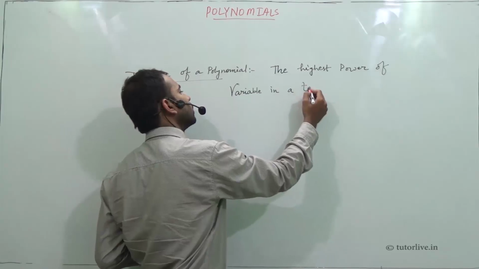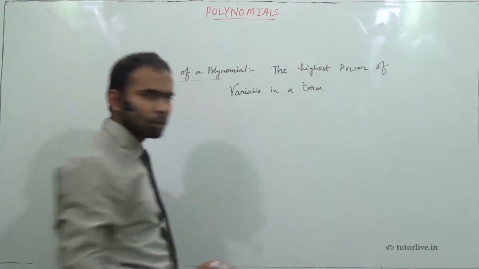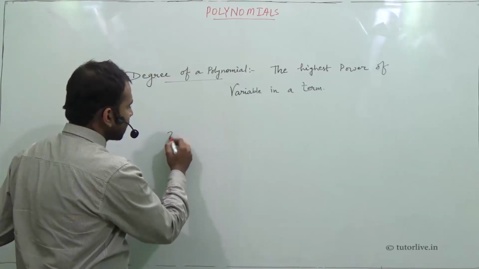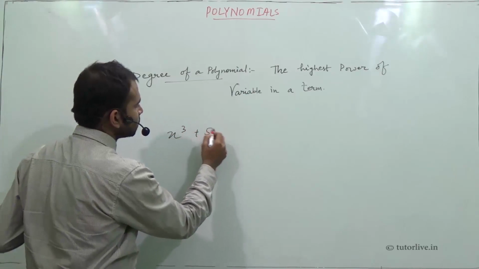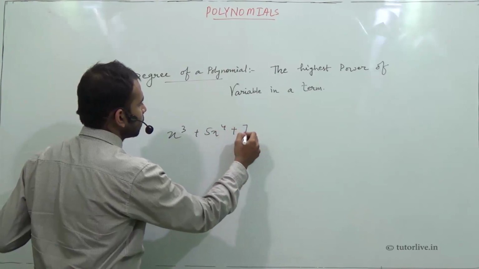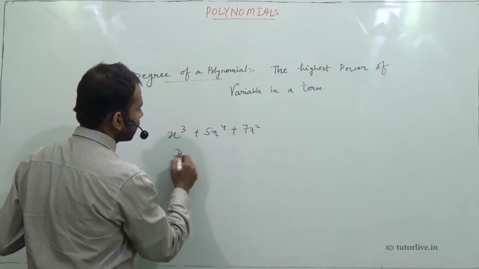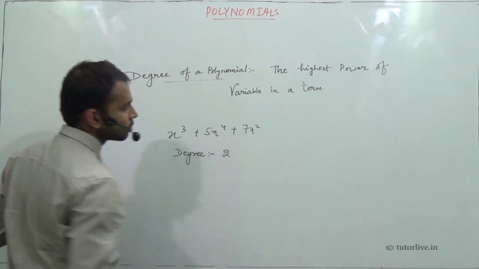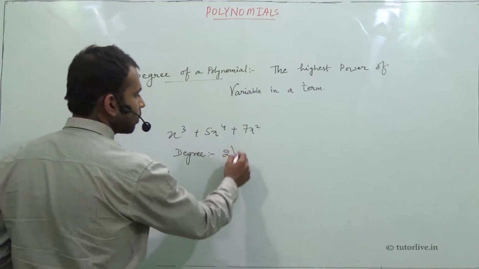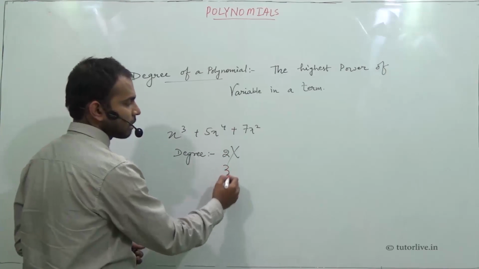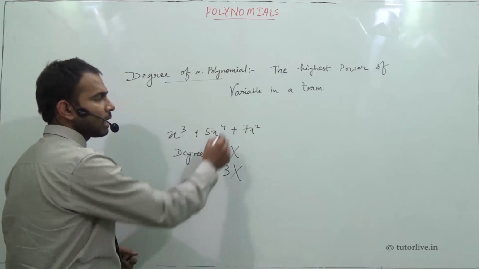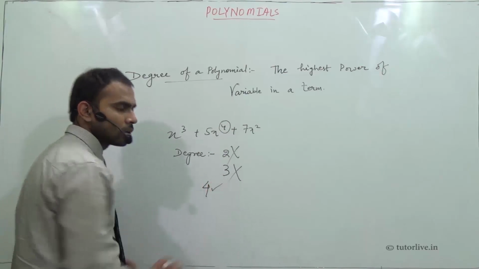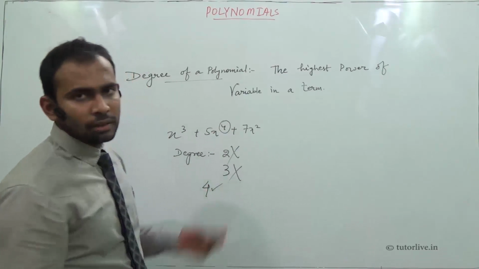For example, if you take x cube, 5x to the power 4 plus 7x square, then the degree of this particular polynomial is 2. Am I correct? Nope. Is it 3? No. The highest power is 4. The degree is 4. You must see that.